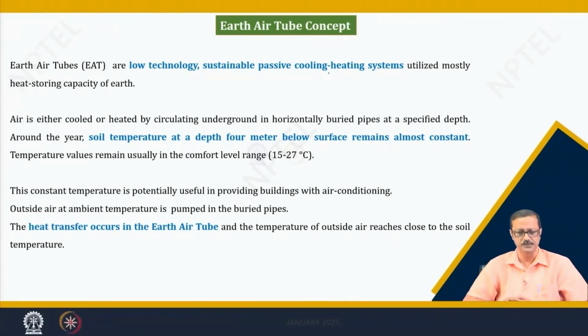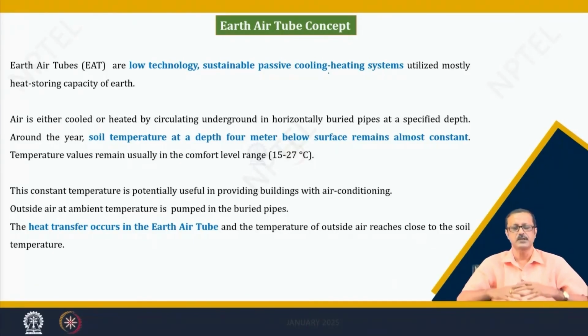So, the concept is, if you go a little bit below the surface of the earth, any site or any soil surface, maybe around 6 to 12 to 14 feet below, the temperature at that particular zone will remain constant throughout the year.